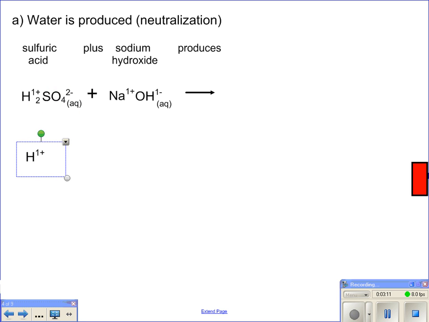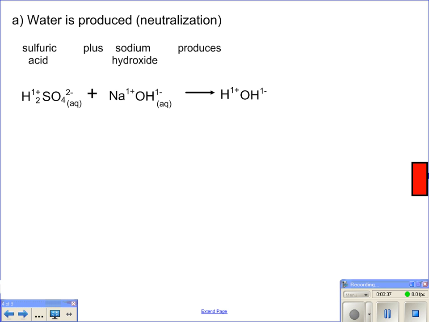You'll notice I didn't take the 2 with me because when I repair these, I'm only interested in making the charges match as they become paired. The reason there was a 2 here before is because it was paired up with sulfate, which has a charge of 2 minus, but it's not going to be paired with sulfate anymore. And then similarly, I'm going to clone this one, and these two will come together. I'll put them up here as our first product.